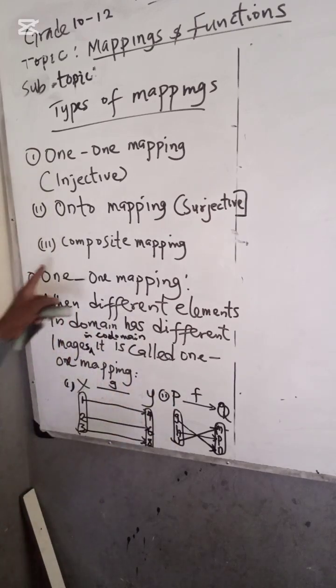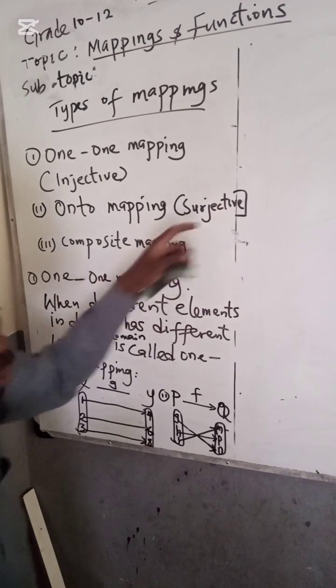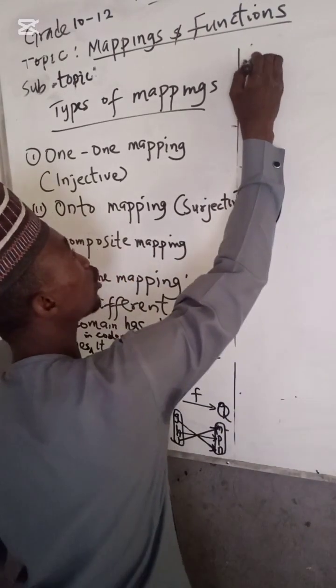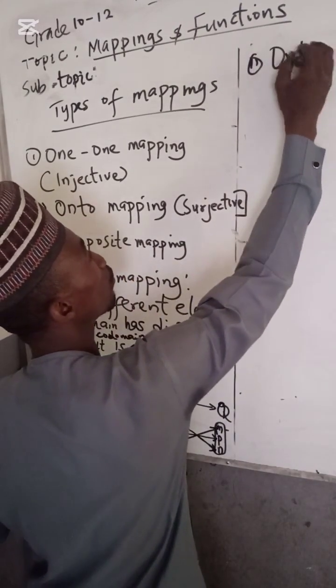Then the next one I'm going to take is onto mapping. Onto mapping.